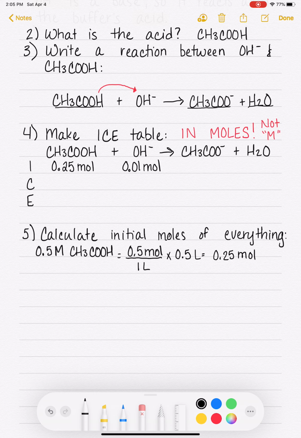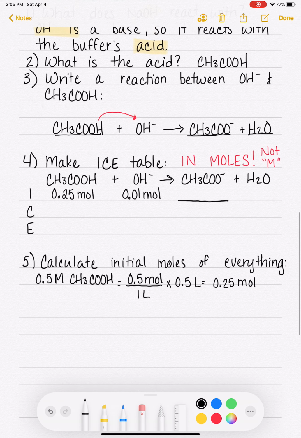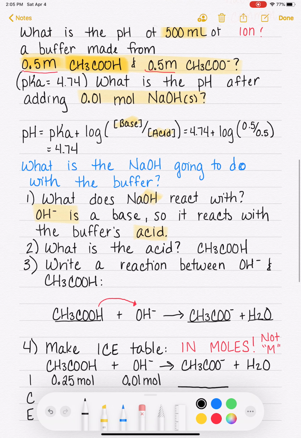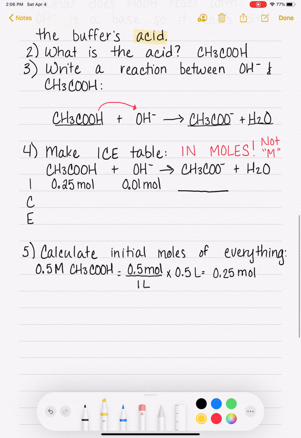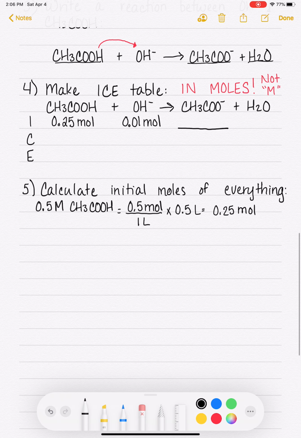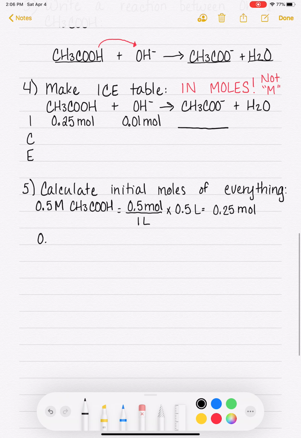And then now we're going to do the acetate, CH3COO minus. So let's figure that one out. The acetate, it tells us that we have 0.5 molar and we have 500 milliliters of the acetate, which is exactly the same as what we have for the acetic acid. I'm going to write it out anyways. 0.5 molar CH3COO minus, which is 0.5 moles per liter.